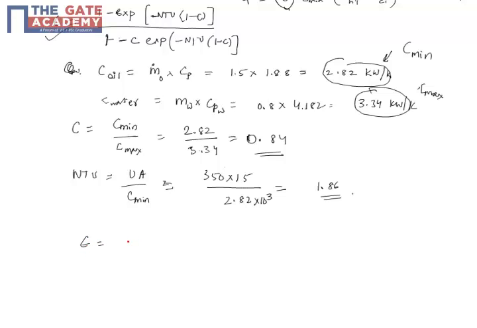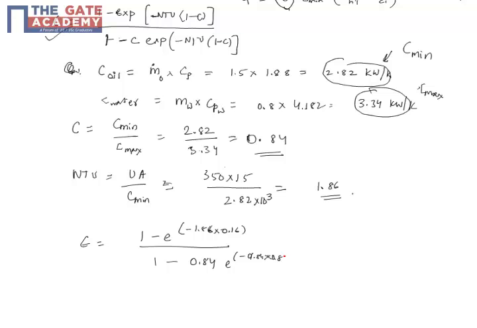And effectiveness, once we use this expression by substituting, is 1 minus e power minus 1.86 into 1 minus 0.84, which is 0.16, divided by 1 minus 0.84 into e power minus 1.86 into 0.16.